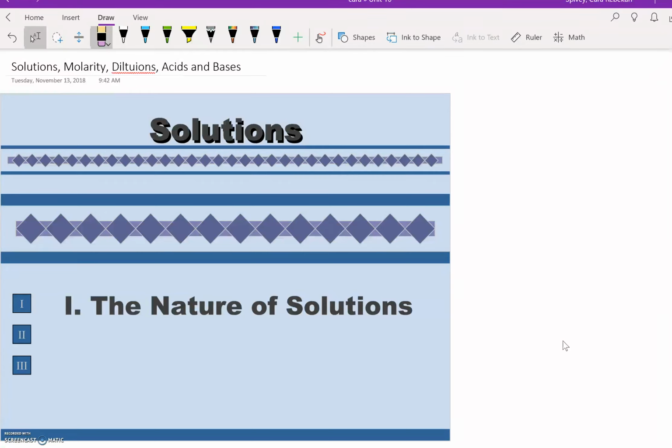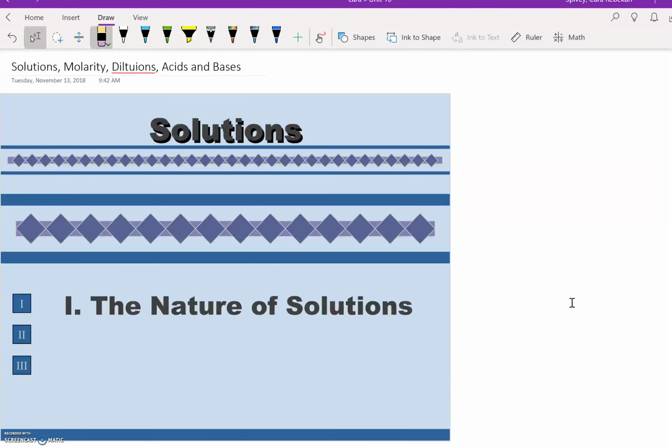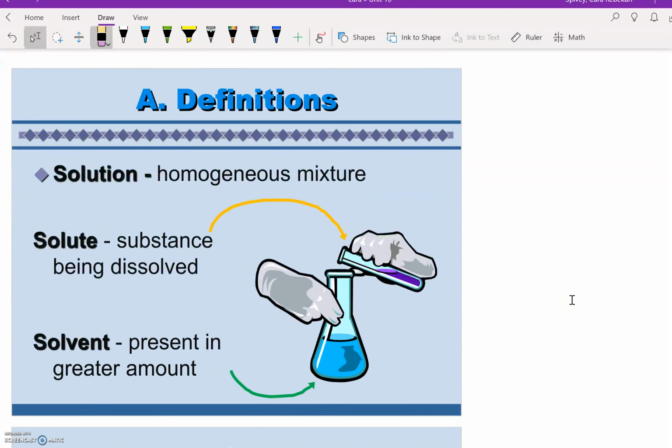So starting on page 1, the first thing we need to know about is a solution and what a solution is. You can see here that a solution is a homogeneous mixture. Homogeneous means that it is the same throughout. So oftentimes you imagine that you have a cup of, say, salt water or something similar to that.